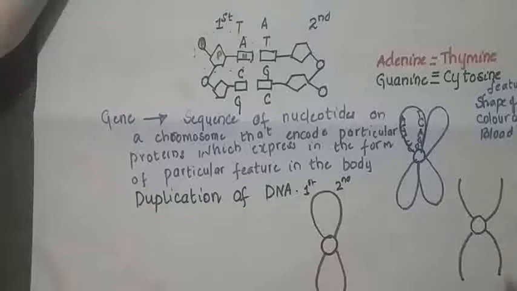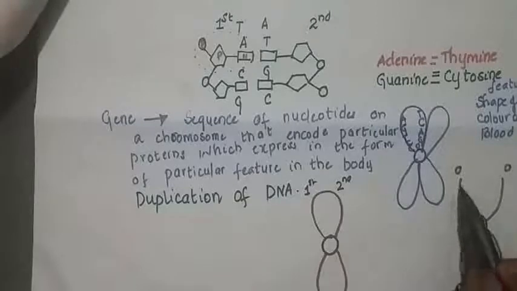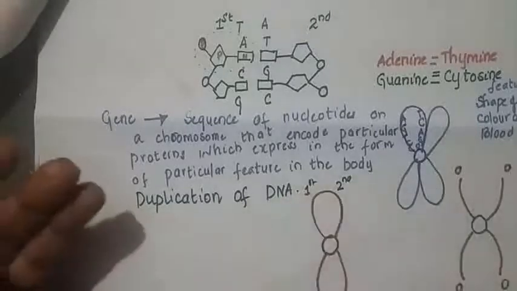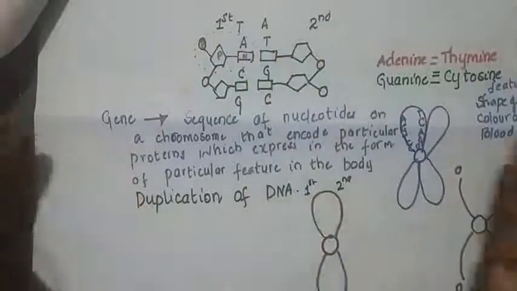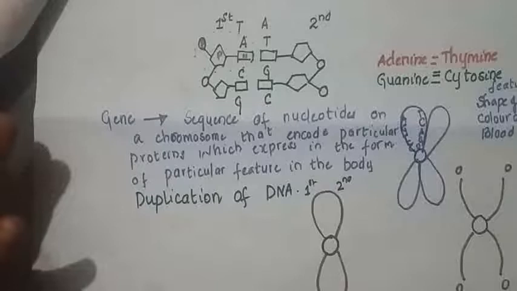Yes children, let me name it as old DNA strand, old DNA strand. Right? So these two strands, they separate. The DNA strands will separate because there are weak hydrogen bonds which makes them separate easily.